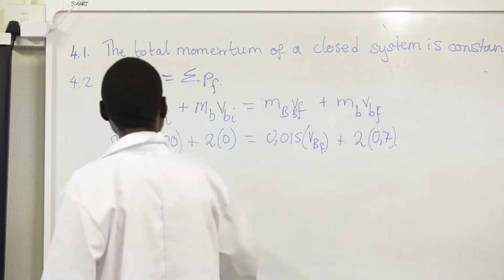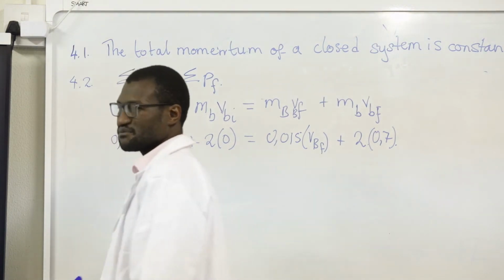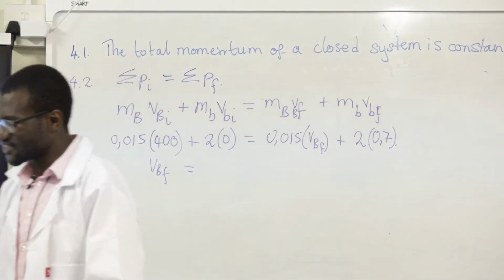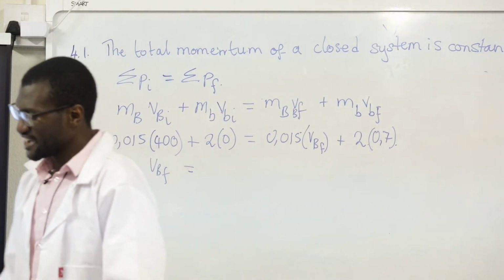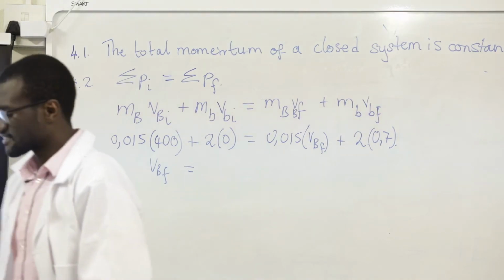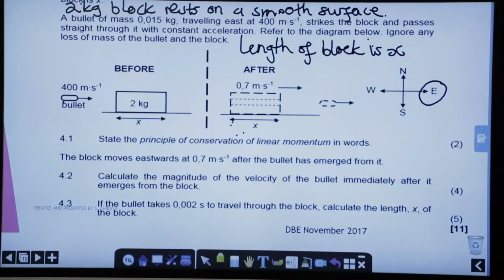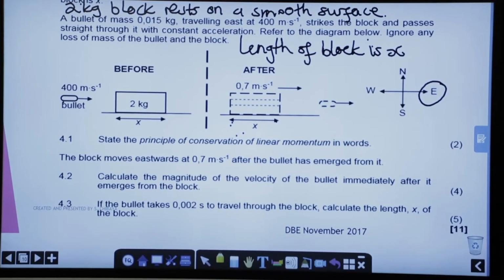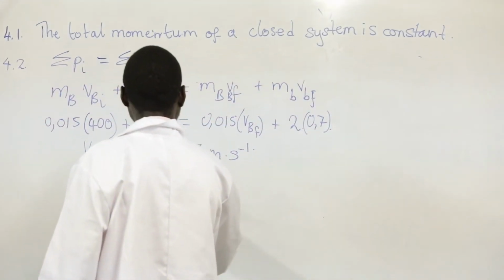Calculating the value of VBF will be a very simple calculation. We find that the value is equal to 306.67, and this is velocity, so it should be in meters per second.